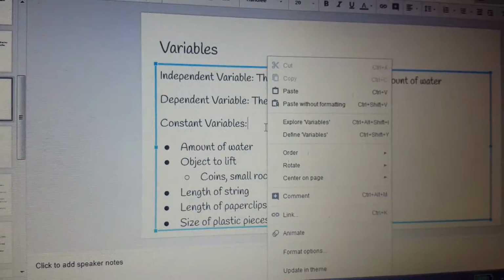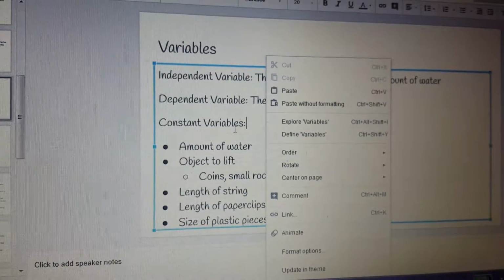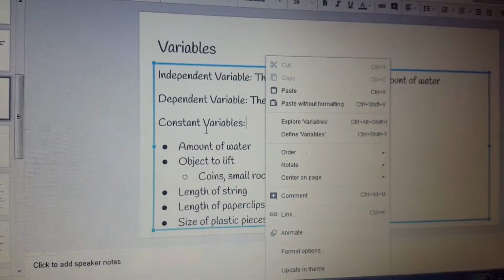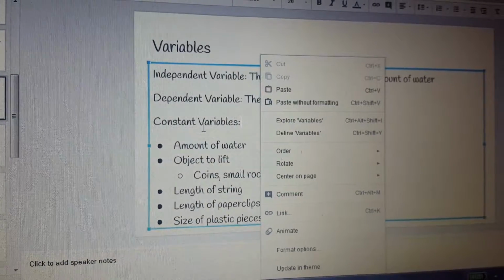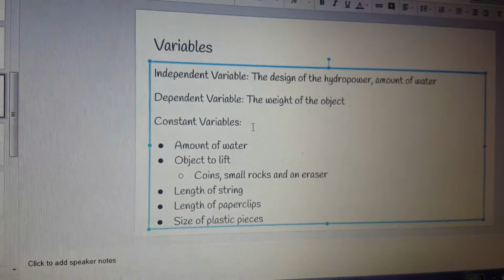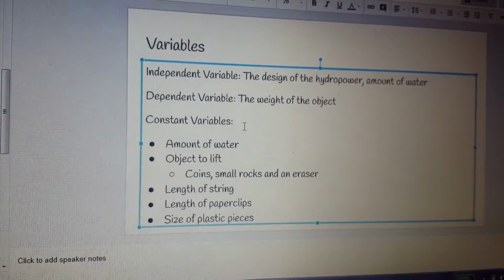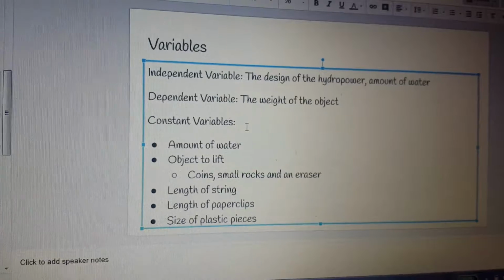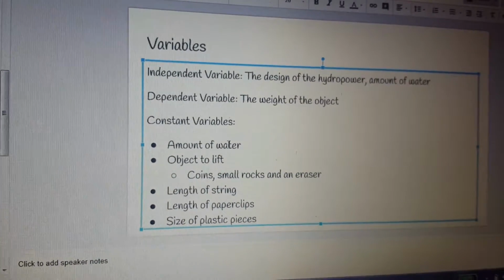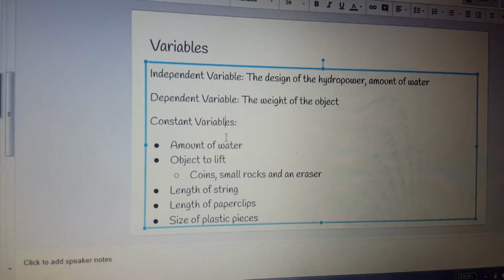Okay, control is the thing that's not being tested. That's a different meaning than constant variable. Constant means the thing that's just remaining the same so that you can focus on the parts of the experiment that is changing and what that change affects. So you want to keep the weight of the object the same.